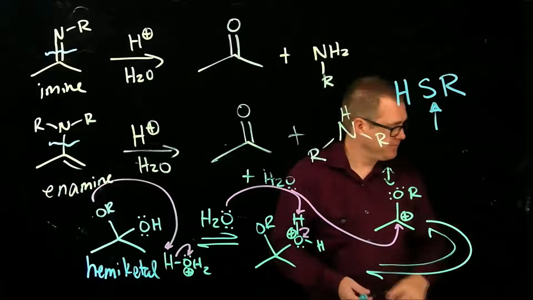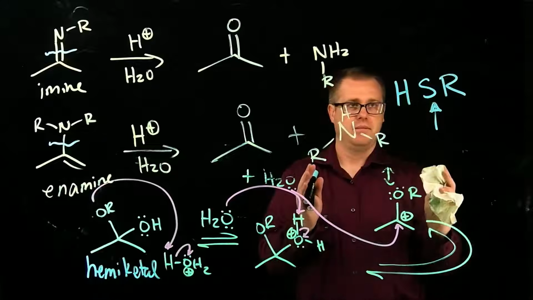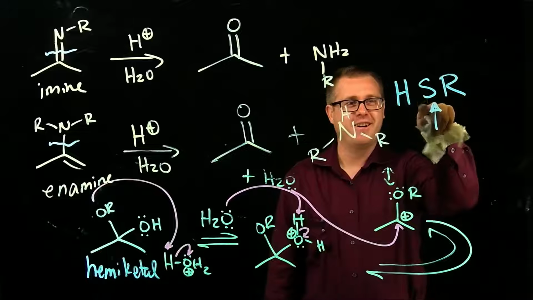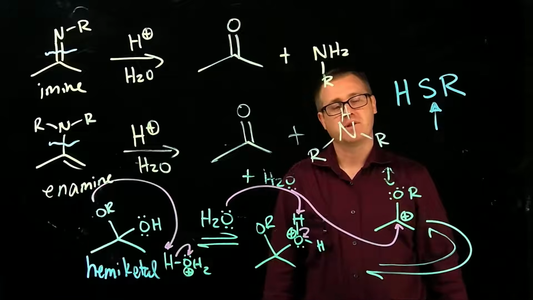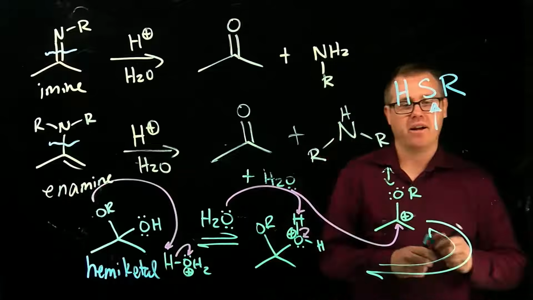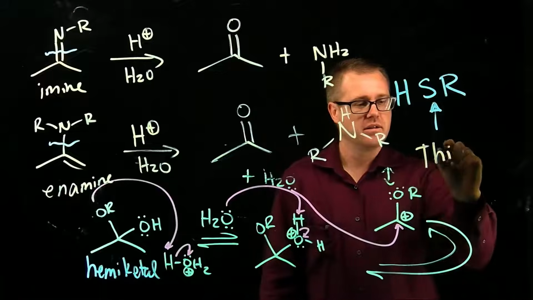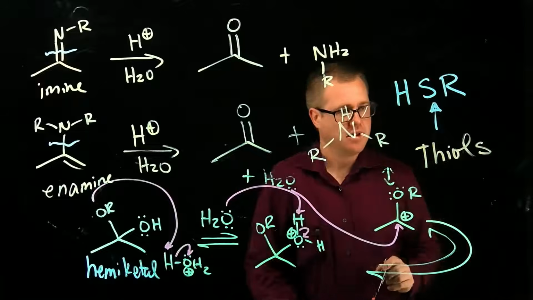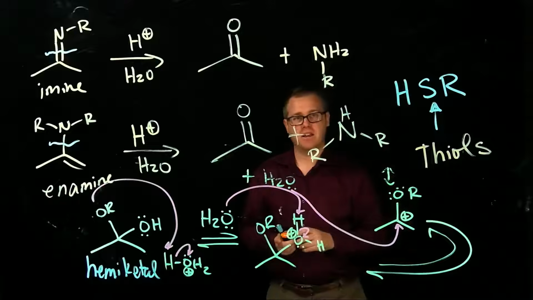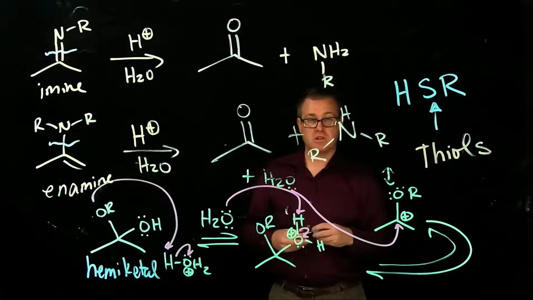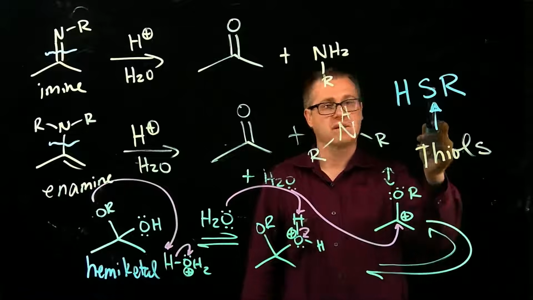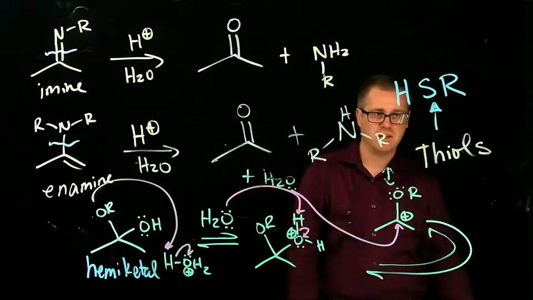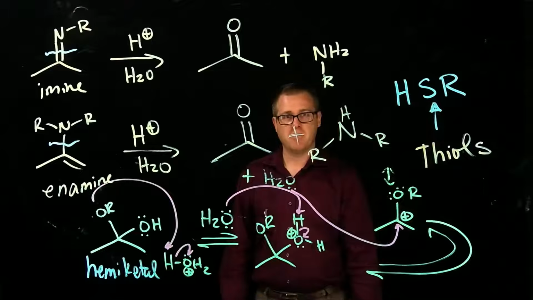Not bad. We're going to start looking at our sulfur species, and they are also called thiols. So I typically will use the word thiol and sulfur-containing species interchangeably. They're going to mean the same thing, okay?